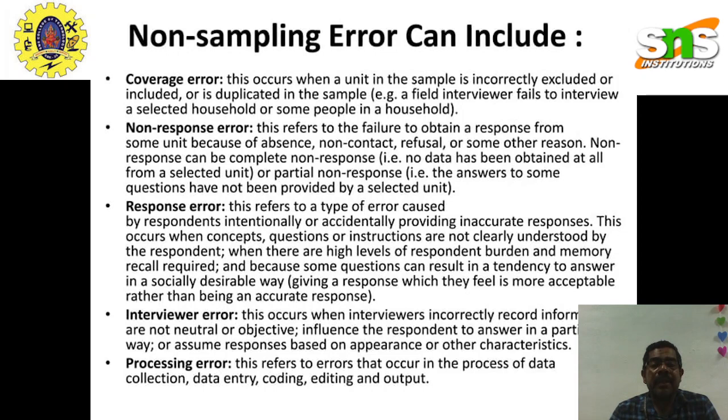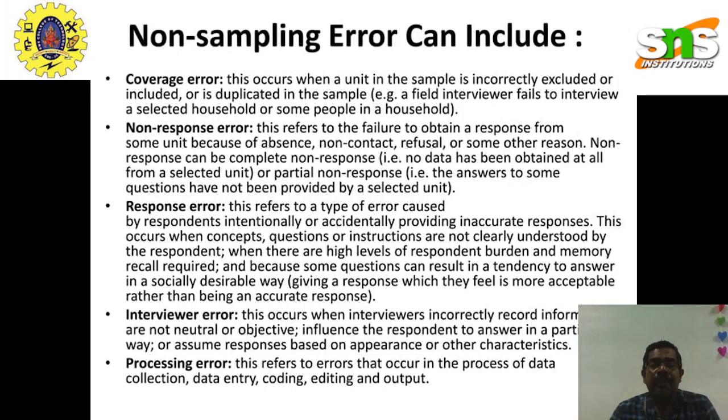If the question isn't asked properly, it will also create a non-sampling error. And the next one is the processing error. When we apply inference or process the data, classify attributes, fill in missing data, or build relationships among attributes, all these come under processing error.